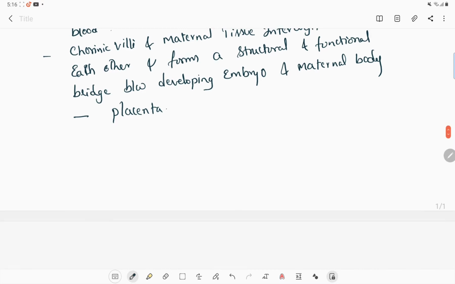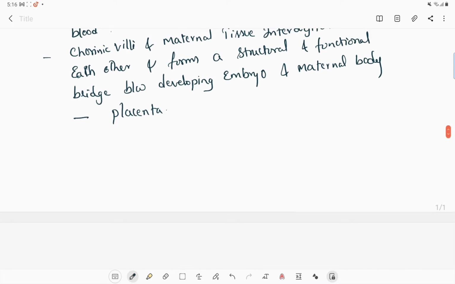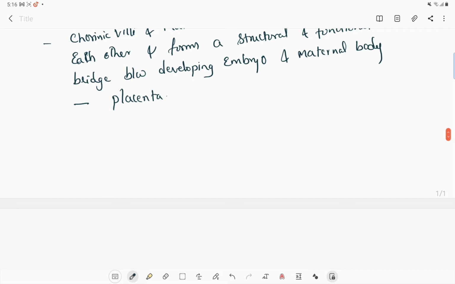Okay, what is the function of the placenta? The placenta is formed by both maternal tissue and the developing fetus.